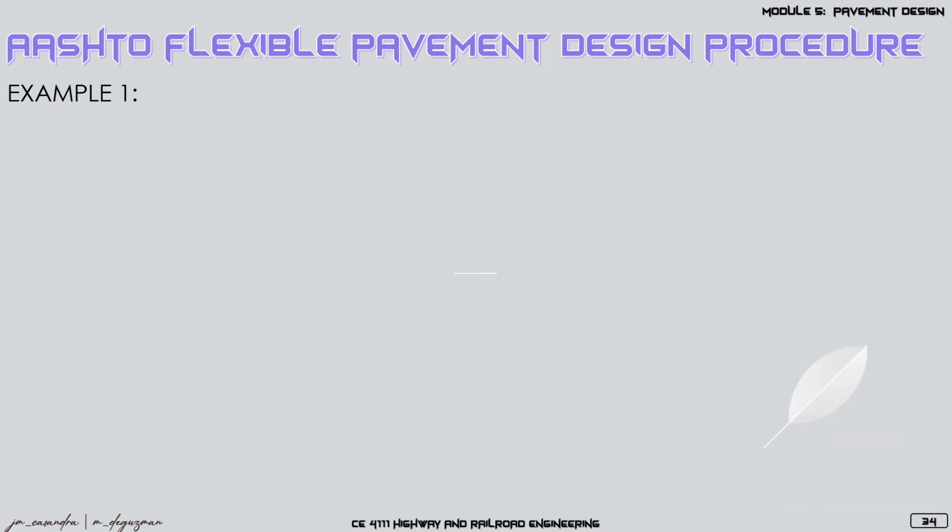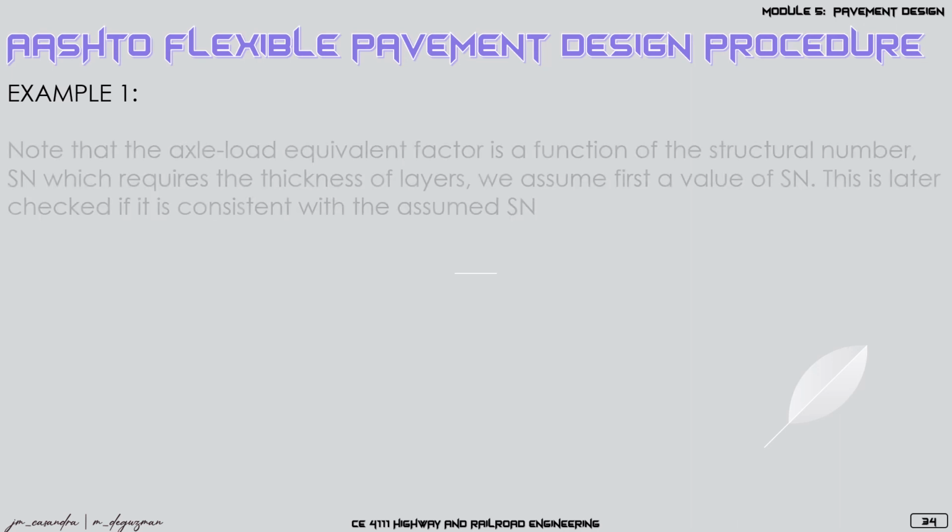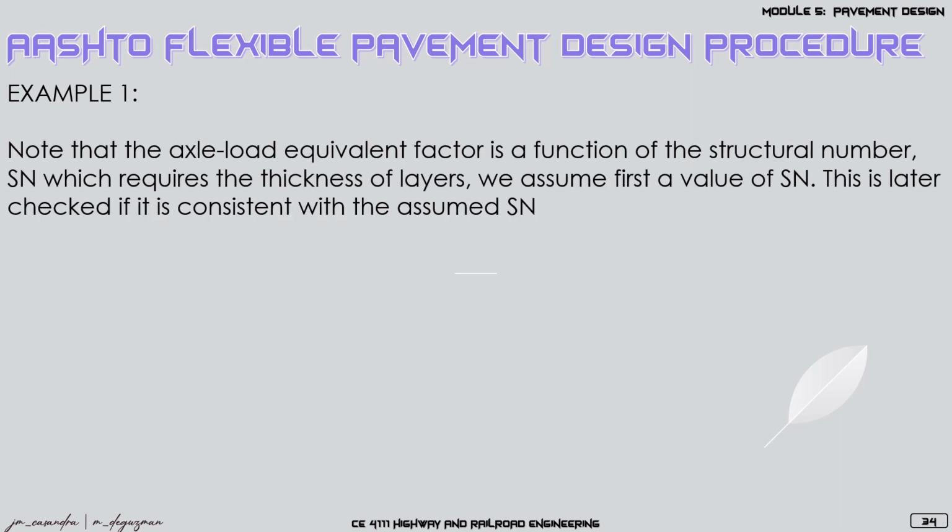Okay, so since one of the controlling factors for the flexible pavement design equation is the structural number, and if we're going to take note, the axle load equivalent factor is a function of that variable S sub n.